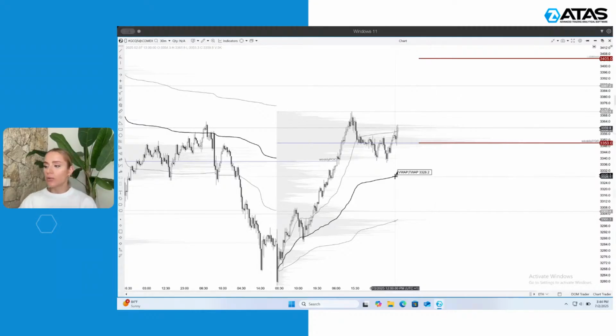As you can see here, for example, we have the VWAP line at 3328.9 currently. If we were using just VWAP without anything else, we would be looking for the price to get here, use it as a support, and then trade from it back to the upside towards the upper deviation of the VWAP.